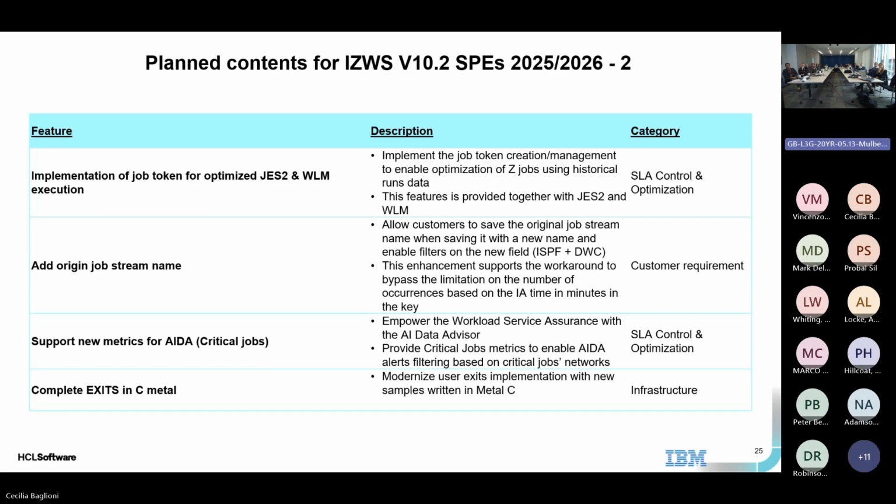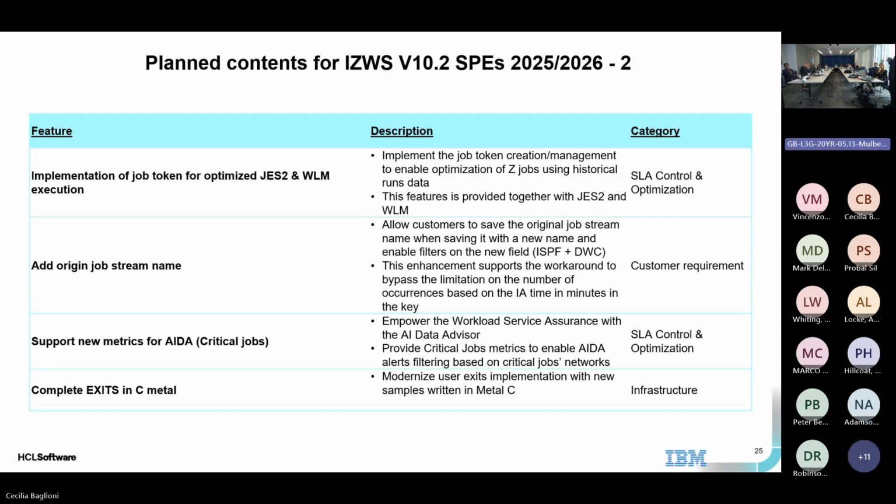So if you have, like, ETT processing added to the plan very often, you have the problem, and many customers change the name of the job stream to bypass that. And they asked us to provide a field to save the original job stream name, so that they can associate the different instances.